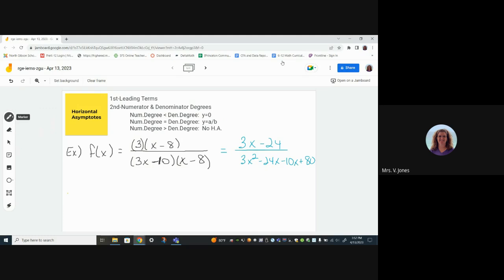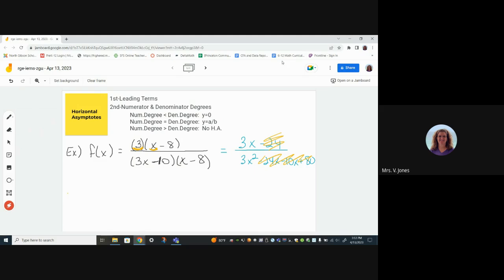So instead of having to multiply all of it out like I did right there, you actually don't have to do any of this to find a horizontal asymptote. All you need to do is take the biggest degree term in each factor. If you remember, the degree is the most letters being multiplied.